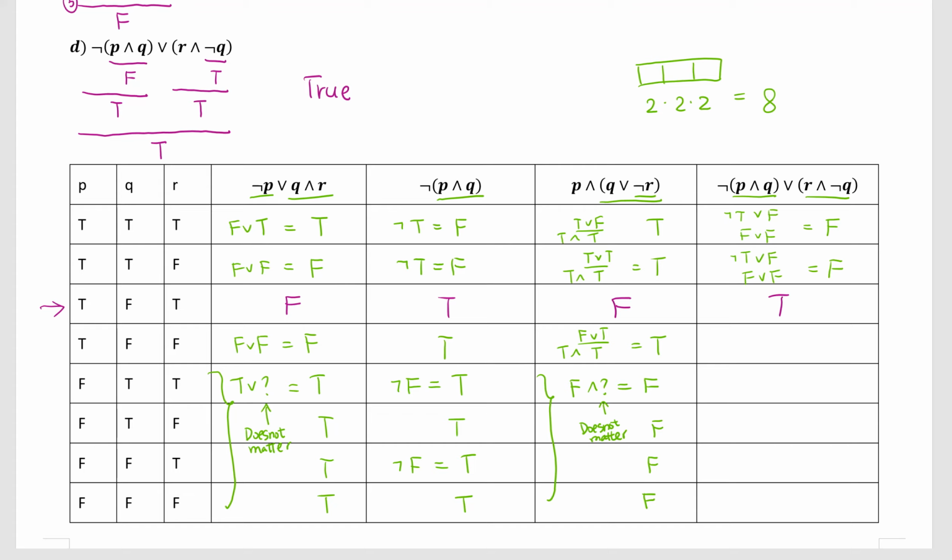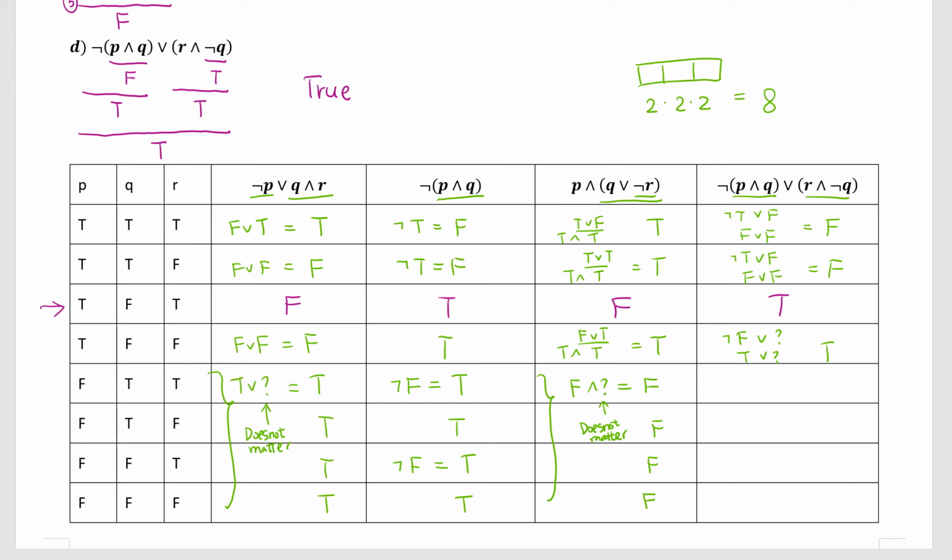So P and Q, true and false is false. So not false. Actually, I don't care what this is, because not false will give me true, and true or whatever is going to be true. Sometimes you realize we don't need to figure out this part, right?